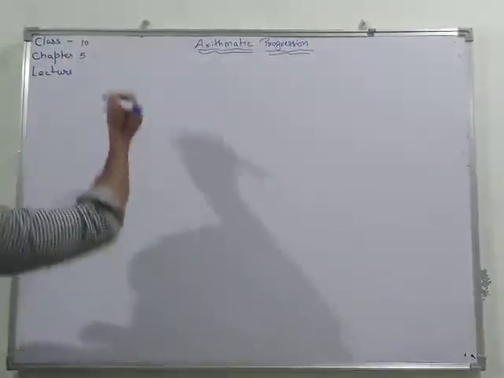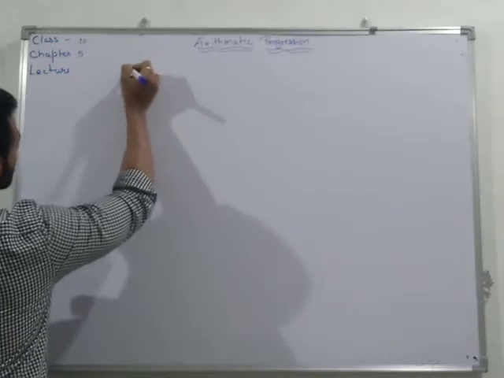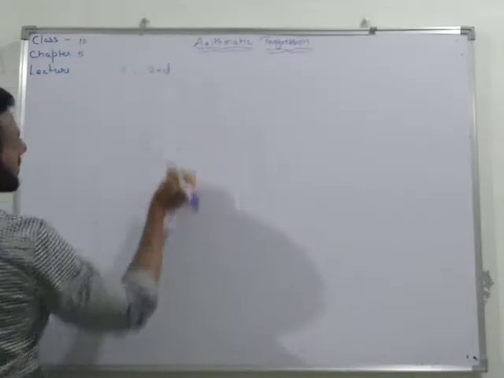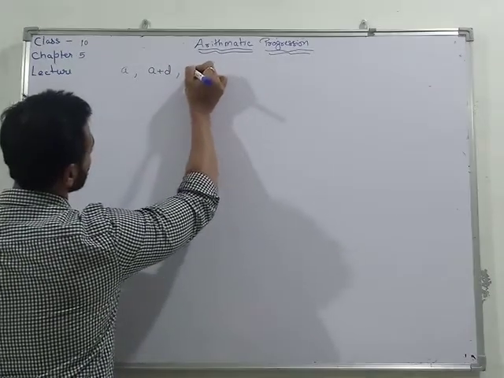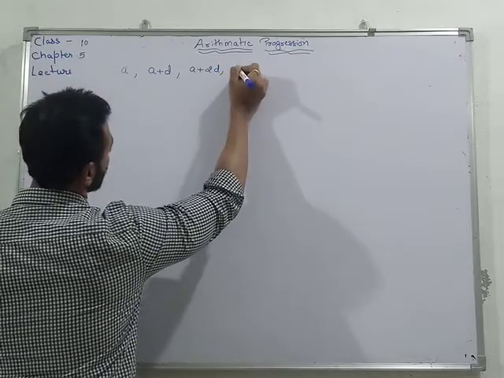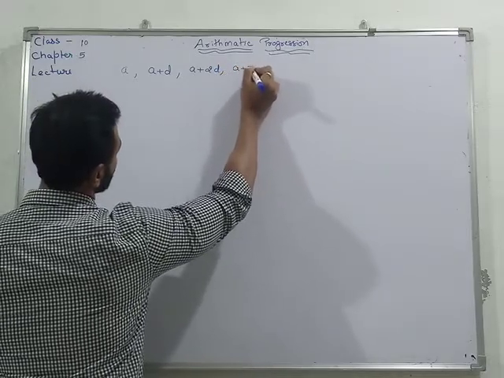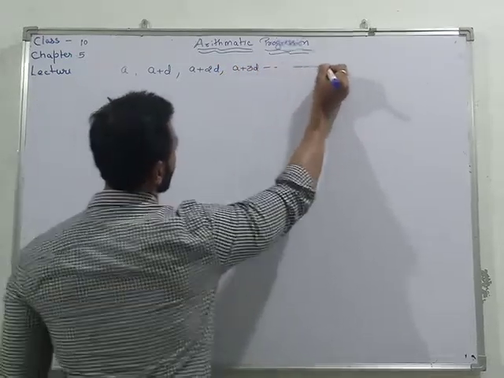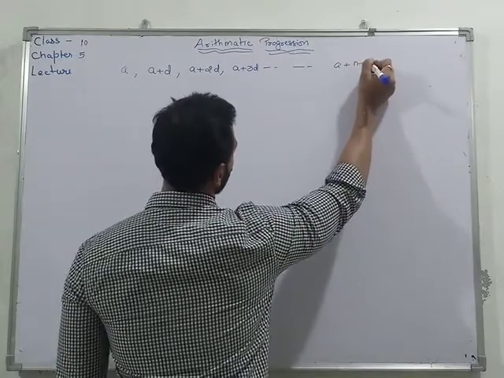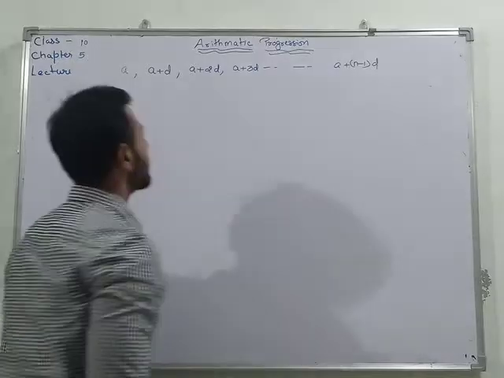Now let us see how we can represent it. First term is a, second term is a plus d, third term is a plus 2d, fourth term a plus 3d, and so on. Last term or nth term will be a plus (n minus 1) into d.